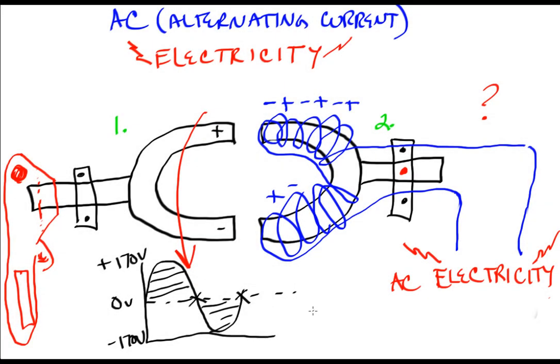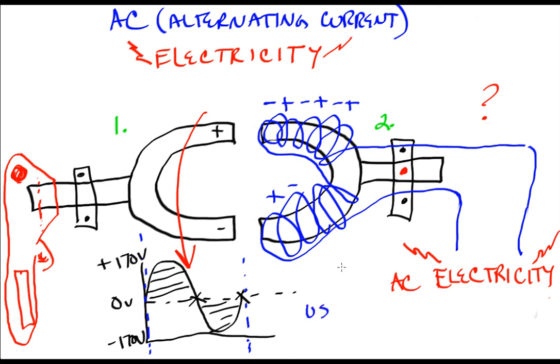0 volts here. Each time that magnet revolves one time, you have one cycle of electricity that gets generated. And it's shown in this waveform here, the sinusoidal waveform. Now in the US, that happens 60 times per second.